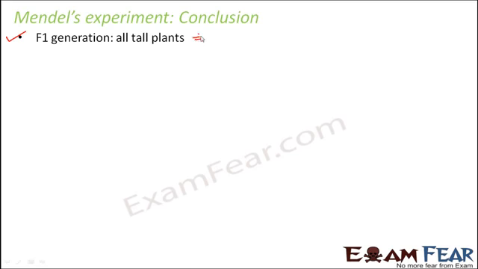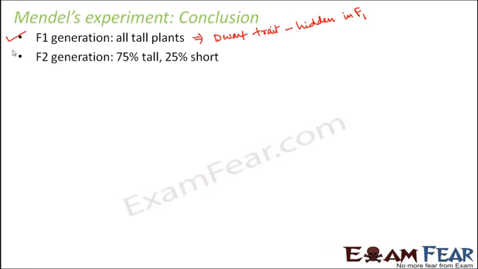Since it was hidden, we could not see it, so we saw all the plants as tall. And how do we know it was hidden? Because in the F2 generation, the dwarf trait came back, as 25% of the plants were short here. So the dwarf trait was hidden in F1 generation, but again got expressed in F2 generation.